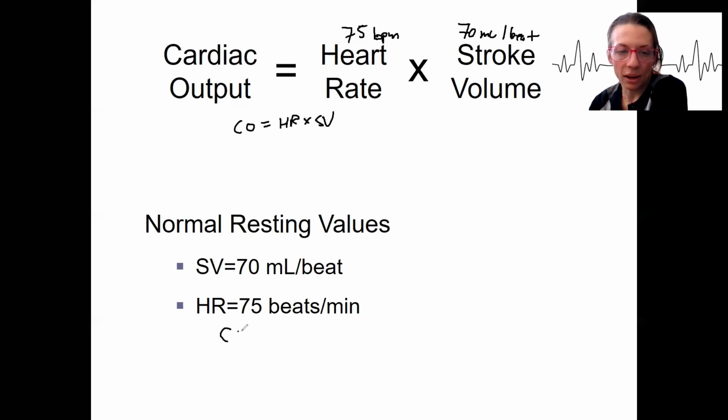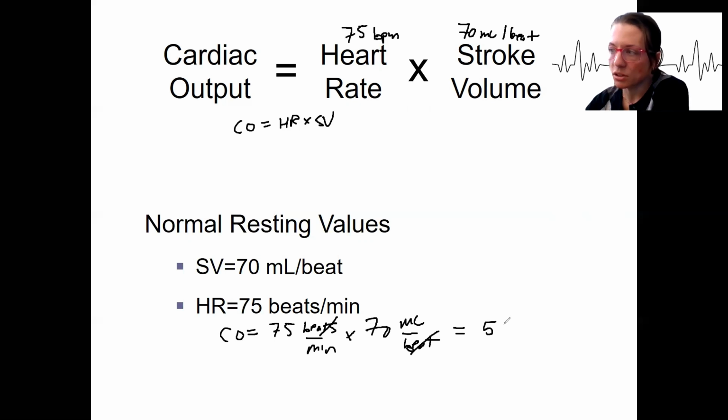Well, cardiac output equals 75 beats per minute times 70 milliliters per beat. We can cross those out and we're going to get 5,250 milliliters per minute, or 5.25 liters per minute.